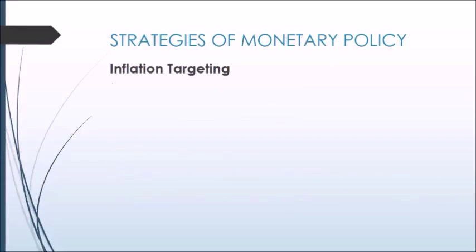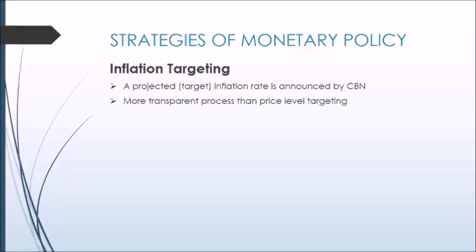Inflation targeting. Inflation targeting is a monetary policy framework in which a central bank estimates and makes public a projected or target inflation rate and then attempts to steer actual inflation towards the target through the use of interest rate change and other monetary tools. The likely actions of the central bank to raise or reduce the policy rate become more transparent under inflation targeting.